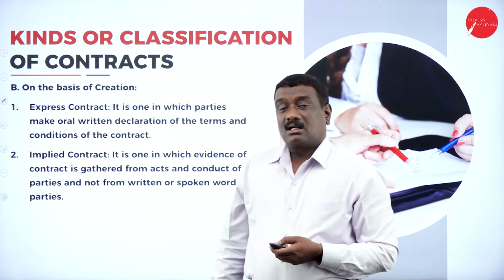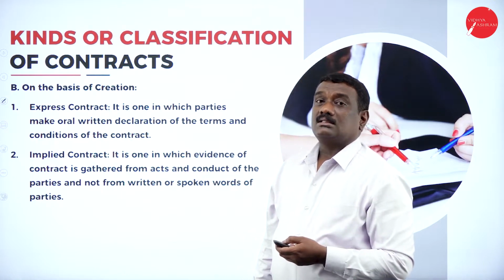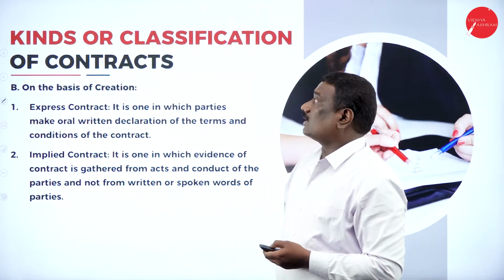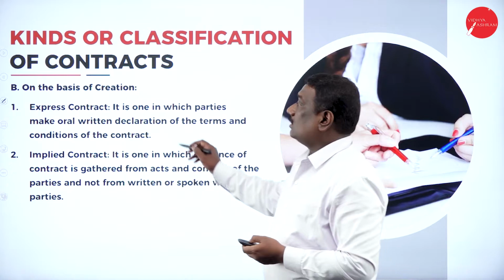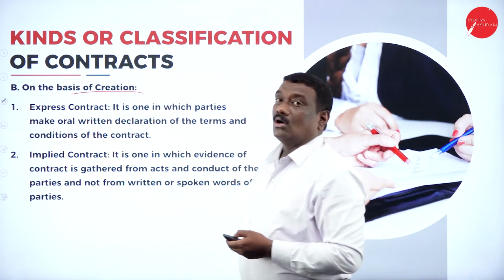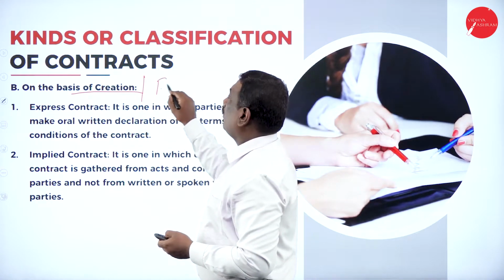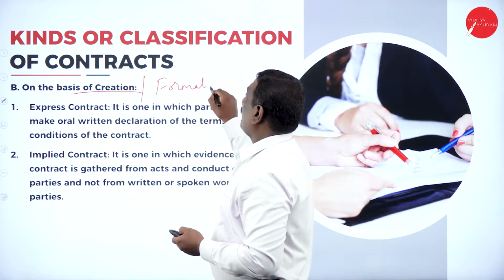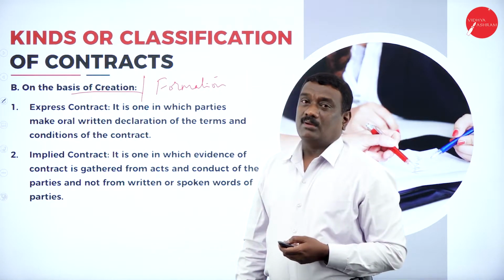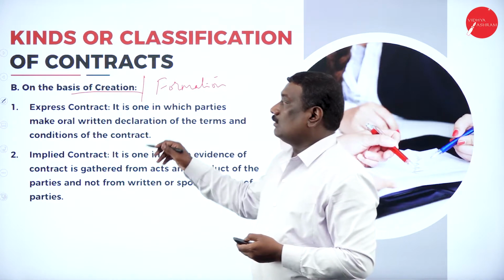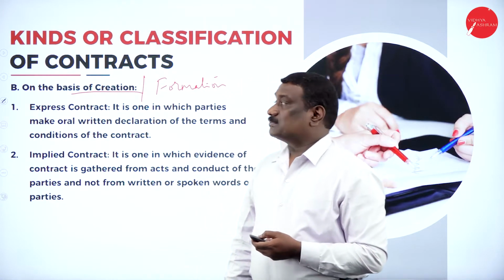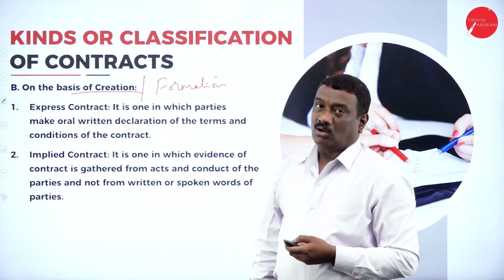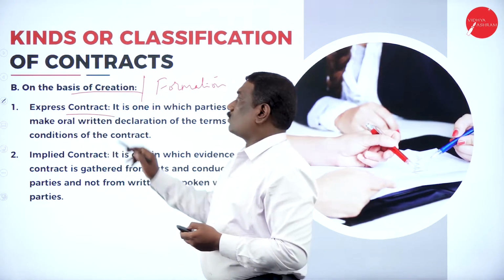Now students, coming to the next part, the next classification of contracts, that is on the basis of creation, which can also be called formation. Under this we have two types, that is express contract and implied contract. Now what do you mean by express contract?